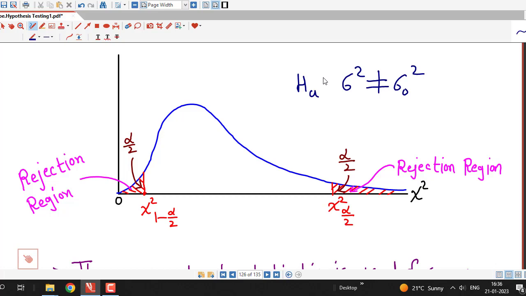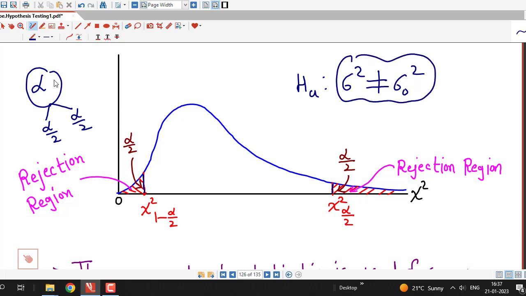That is, we have a two-tailed test, and suppose we consider the level of significance as alpha, then we will divide this alpha into two equal areas of alpha by 2, which are the areas in the left and right tails. Even though the chi-square distribution is not symmetrical, whenever we have a two-tailed test, we will divide our level of significance into two equal values, that is half of the level of significance, and we will consider that much area in both the tails.